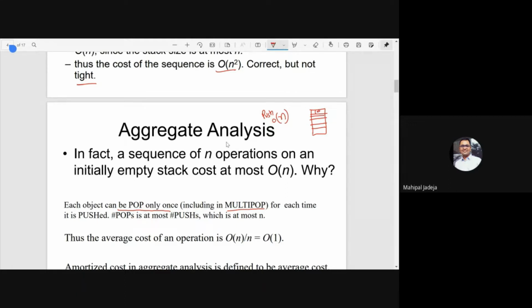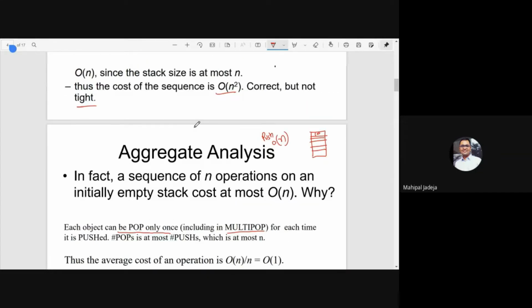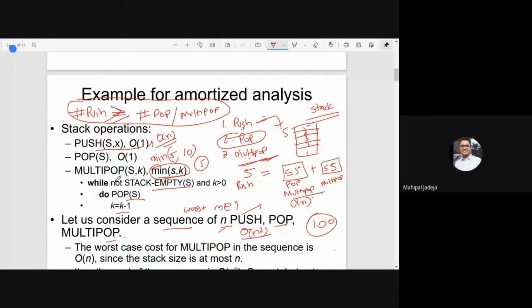Either you can use pop or multi-pop, and both will take the same amount of effort. We have seen the complexity of pop is 1, and if you are removing k elements, and I am assuming that minimum of s comma k is k, then the complexity of multi-pop is order of k. So if you are removing k elements, then order of k amount of effort is required.